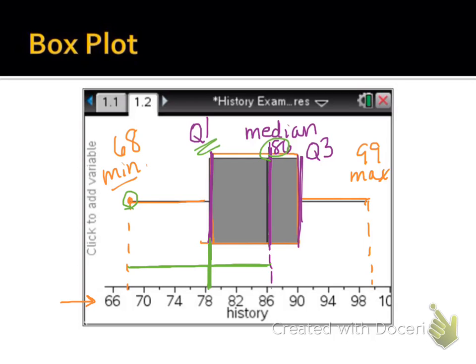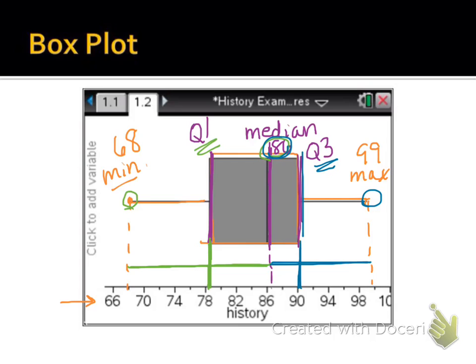Similarly, we can do the same with the top half. So from the median up to the maximum, so from 86 up to the 99 up here at the max, we also have a halfway mark, which is our median, and that is what quartile 3 would be. So it looks like in this case, maybe we're looking at about a 90.